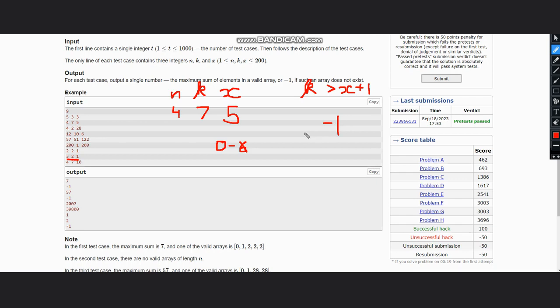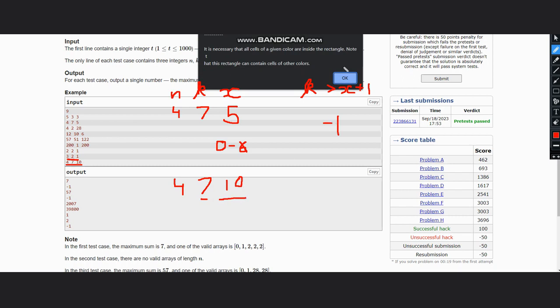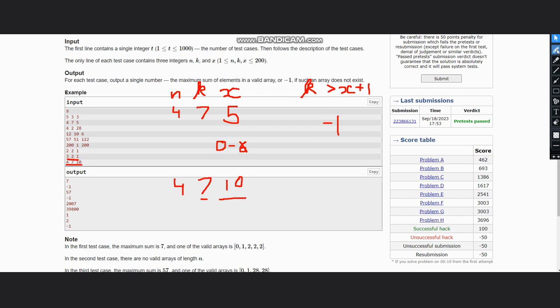Now let's see another simple test case, something like 4, 7, 10. I have n as 4, k as 7 and x as 10. Now in this case my mex value is 7 and x is 10. I don't have any problem with it. Why so?